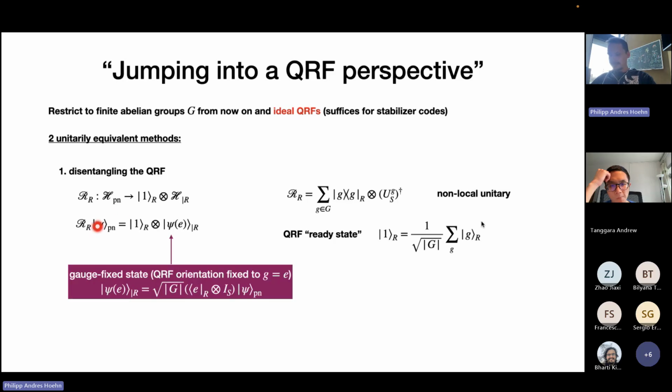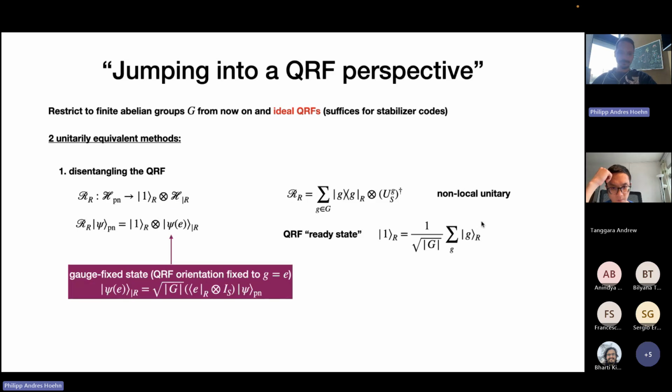So if I take an arbitrary gauge invariant state, so you can think of that as the analog of a code state, and I act on it, then it spits out the quantum reference frame in a fixed state. The fixed state is just given by a coherent average over the group basis, times something for the rest, so for the system.